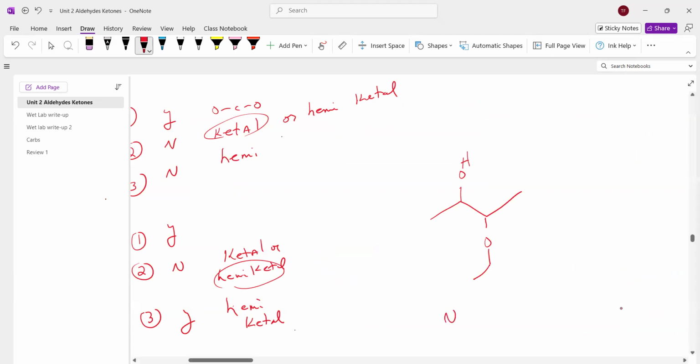There's not a carbon there with two oxygens attached to it. So this is not a ketal, acetal, or hemi versions. So there is no anomeric carbon.